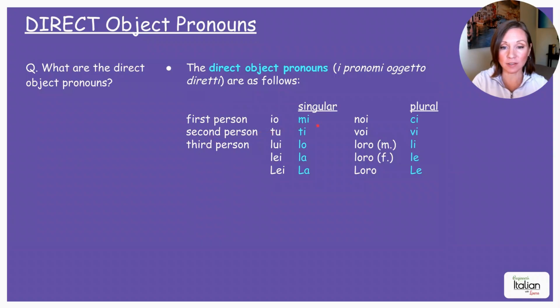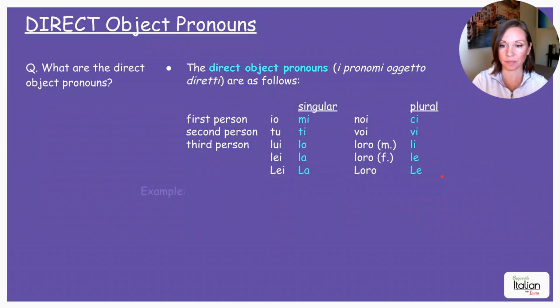Okay, second person singular is ti. Third person singular can be lo or la, and it's capitalized if it's the formal Lei here. In the plural, we have ci, vi, li for masculine loro, and le for feminine loro, or for the formal Loro.